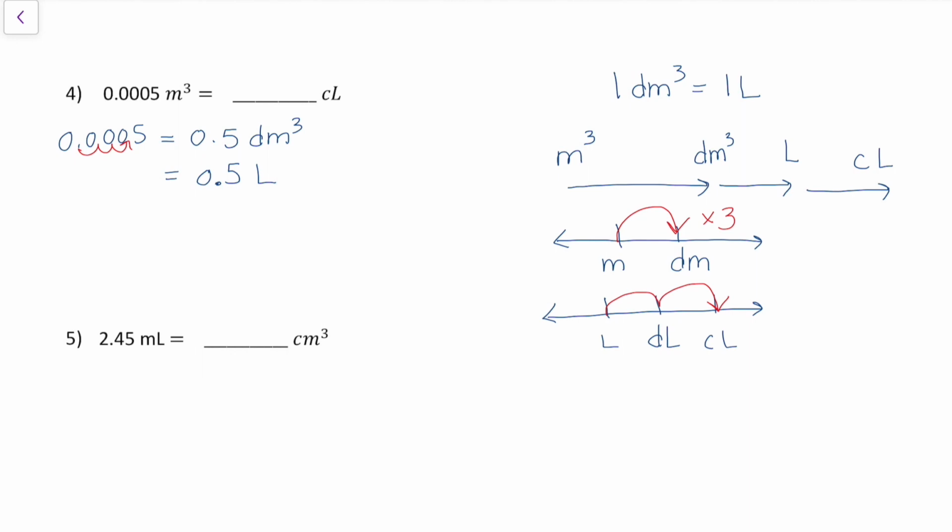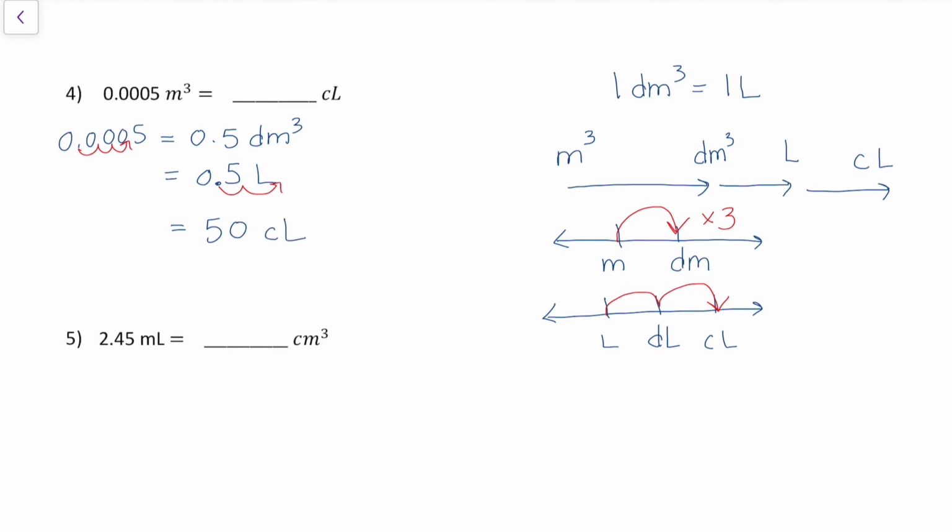No, because they're single units. They're one dimension. It's liters to centiliters. It's not cubic liters or square liters. And so I only need to do the original conversion of 2 jumps. So altogether, I get 50 centiliters.